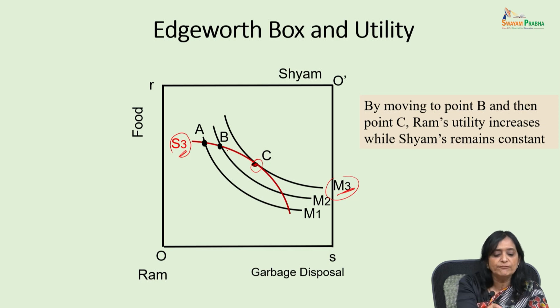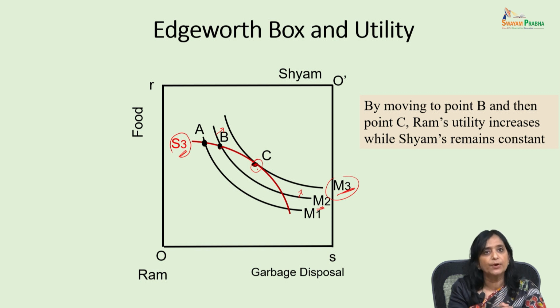So, if we are moving from this point B to point C, Ram's utility increases. Why? Because from B, Ram is at M2, which is a lower level of satisfaction. So, if by reallocation of resources, I can move Ram up from M2 to M3, Ram's utility will increase because he will be going on a higher indifference curve, whereas Shyam's utility remains constant because he is still on the point which is on S3.